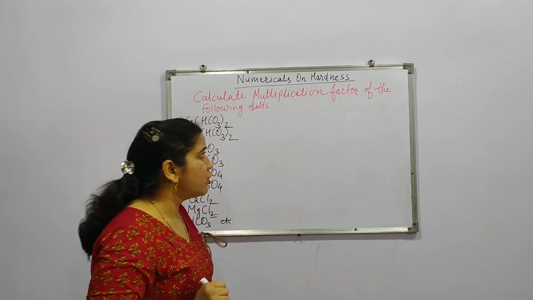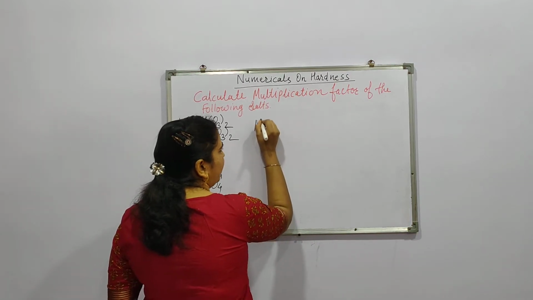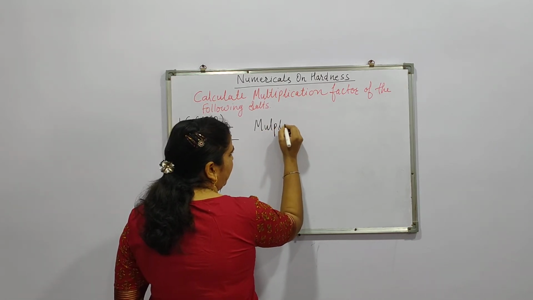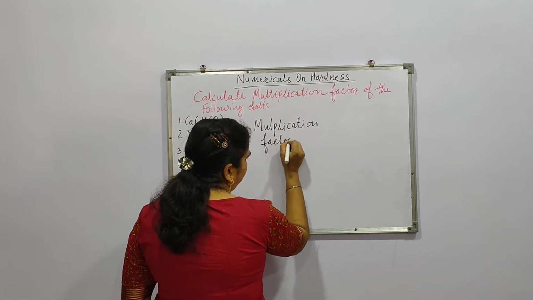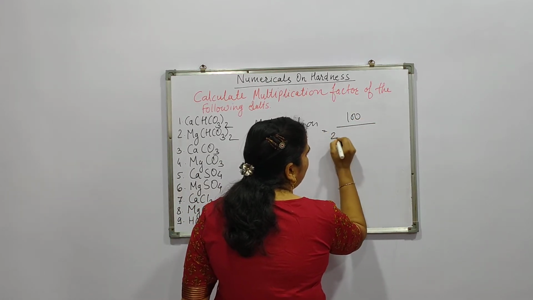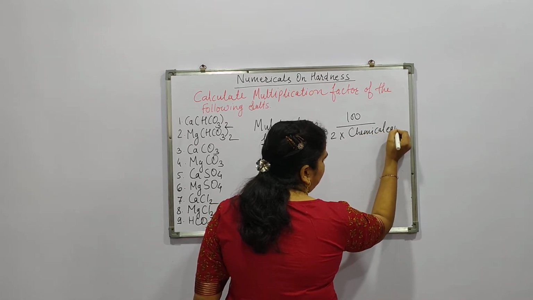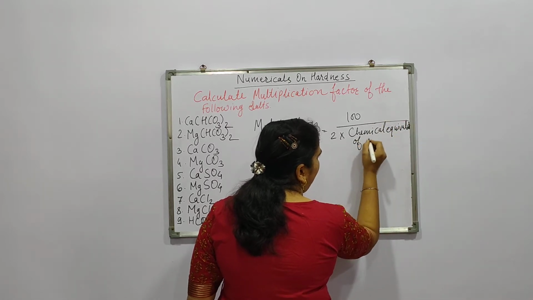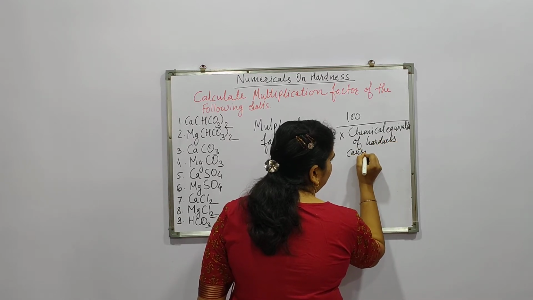First of all we will see the formula for multiplication factor. Multiplication factor can be written as MF, but I will write the full name here: multiplication factor equals 100 upon 2 into chemical equivalent of hardness causing salt.